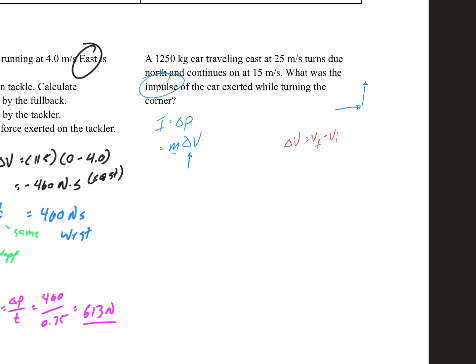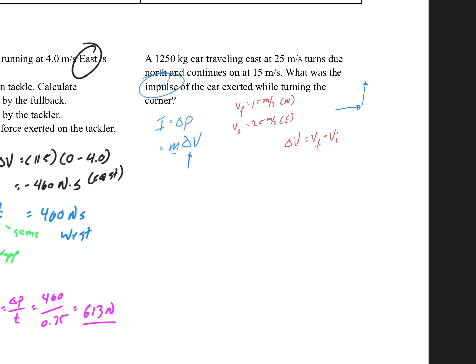So in order for me to draw what that looks like, my final velocity is 15 meters per second going in the north direction, while my initial velocity is 25 meters per second due east.